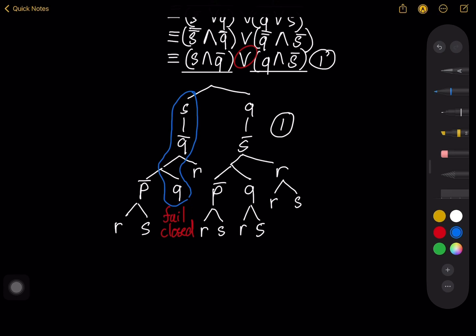Is there any contradictions? We have a contradiction on this line, right? We have S at the very bottom, and then not S at the very top. Okay, one more.